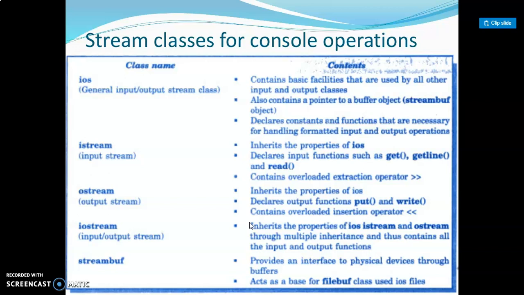It declares input functions such as get, getline and read, and contains the overloaded extraction operator, which means the input operator. ostream inherits the properties of ios, declares the output functions put and write, and contains the overloaded insertion operator, the double less-than symbol, that is the output operator. iostream inherits the properties of ios and ostream through multiple inheritance and thus contains all the input and output functions. streambuf provides an interface to physical devices through buffers. It acts as a base for the filebuf class used in the ios files.